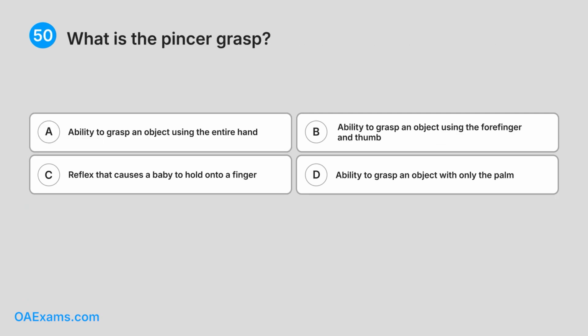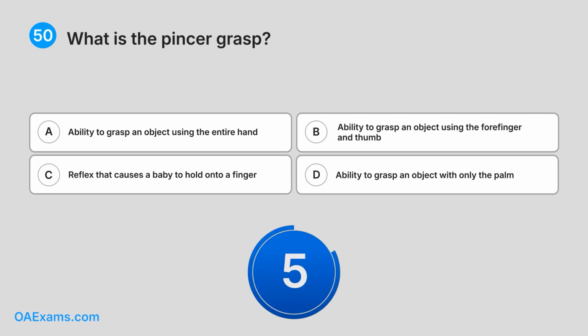50. What is the pincer grasp? A. Ability to grasp an object using the entire hand. B. Ability to grasp an object using the forefinger and thumb. C. Reflex that causes a baby to hold onto a finger. D. Ability to grasp an object with only the palm.